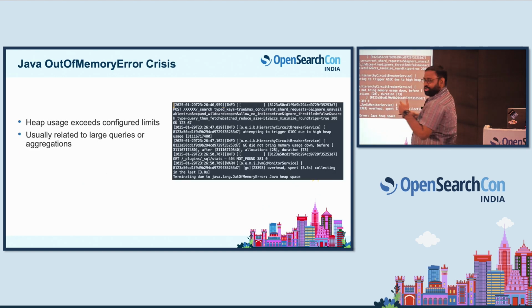I'm not sure if the log line is visible from here, but this is how the logs would look when the data node has crashed with an out of memory error. The logs tend to give out a signal. For example, here we can see that it's attempting to trigger G1GC, a Java garbage collection algorithm.